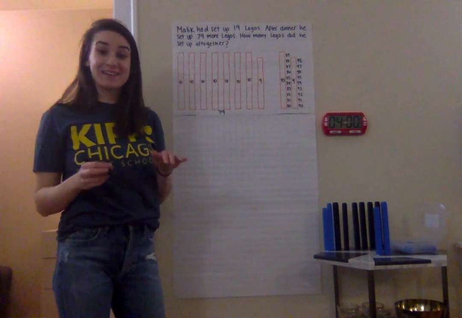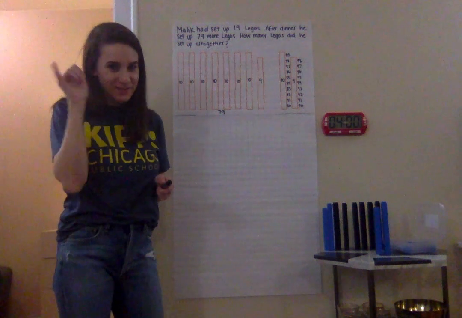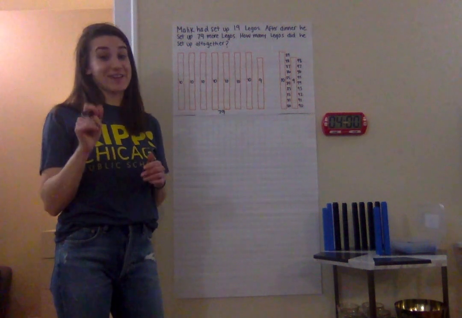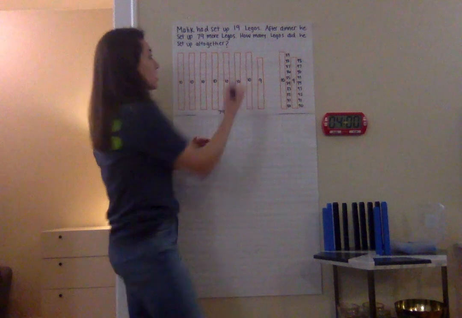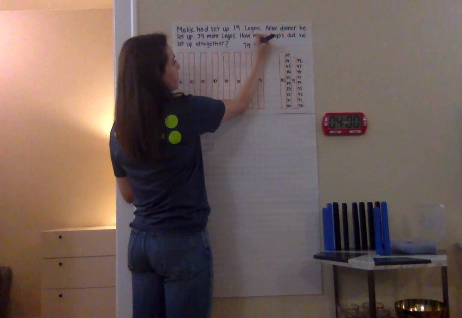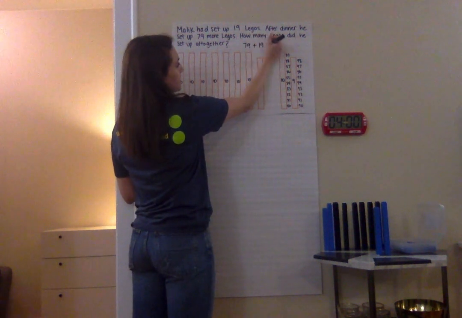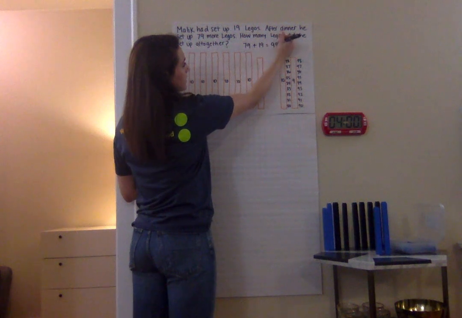Whoa, I got 98 as an answer. Give me a brain match if you also got 98. Great job. So I got my answer of 79 plus 19 equals 98.